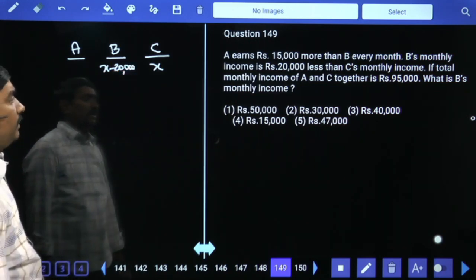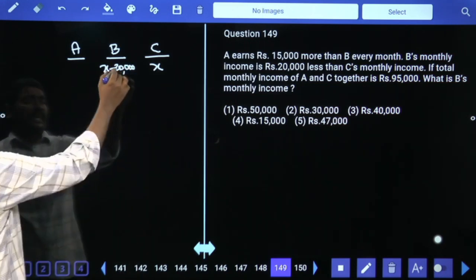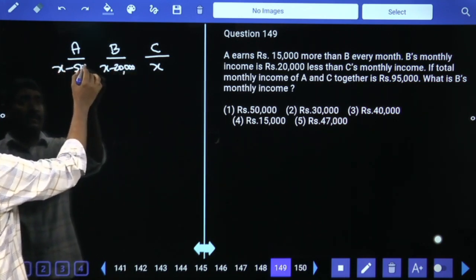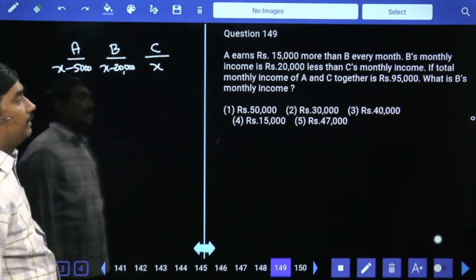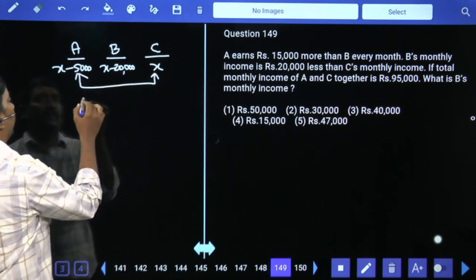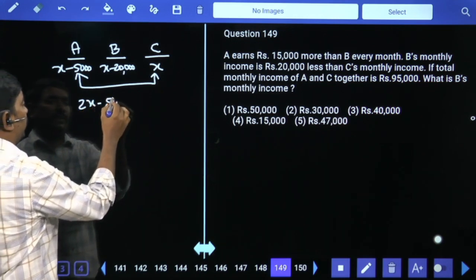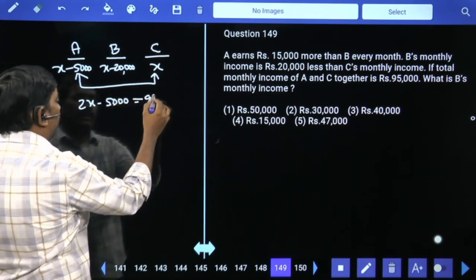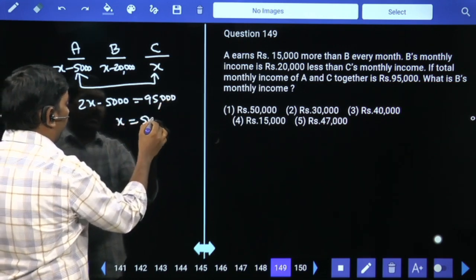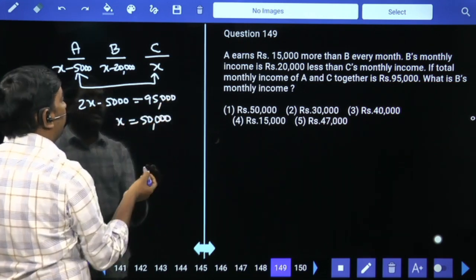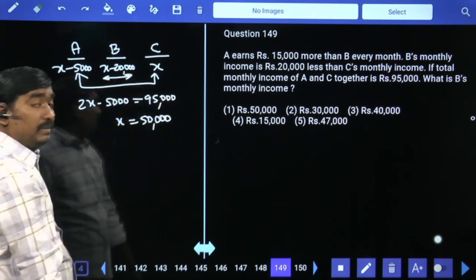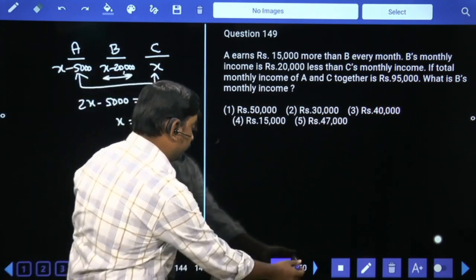A has 15,000 more than B, so X minus 20,000 plus 15,000 means X minus 5,000. Sum of A and C together is 95,000. So 2x minus 5,000 is equal to 95,000. 2x is 1 lakh, X is equal to 50,000. B's monthly income means X minus 20,000, so 50 minus 20 means 30,000 is your answer.